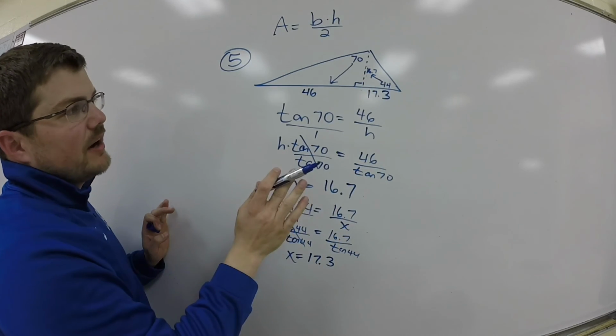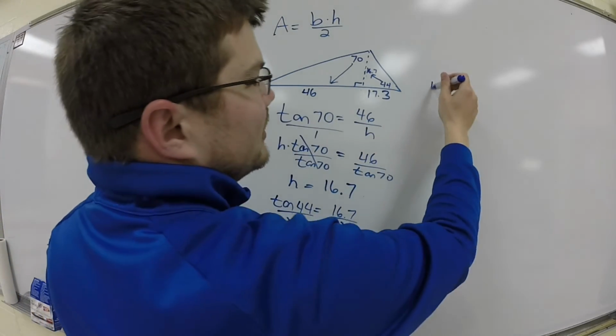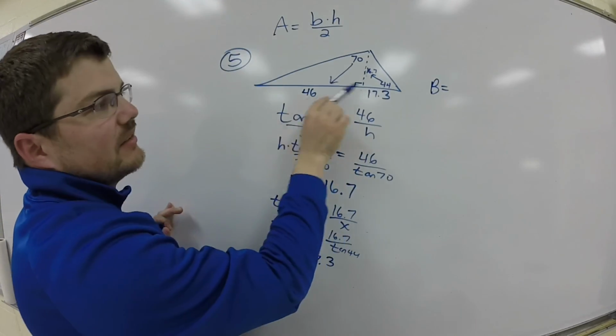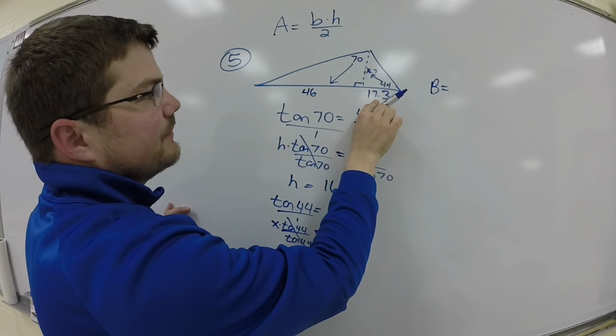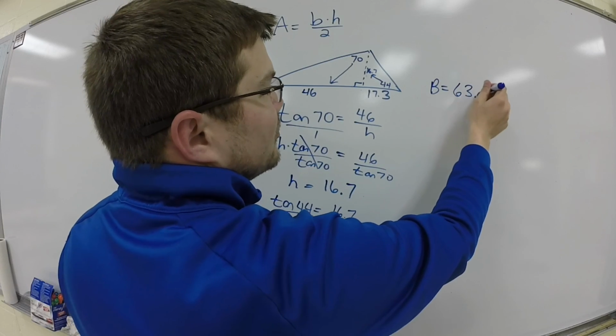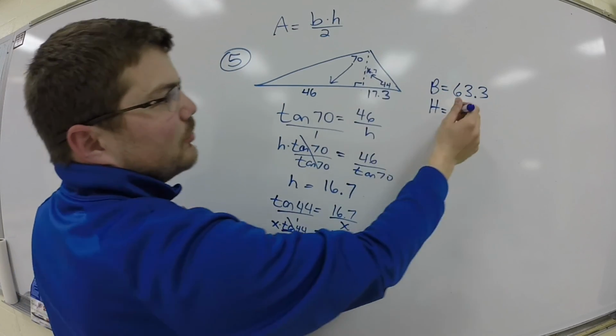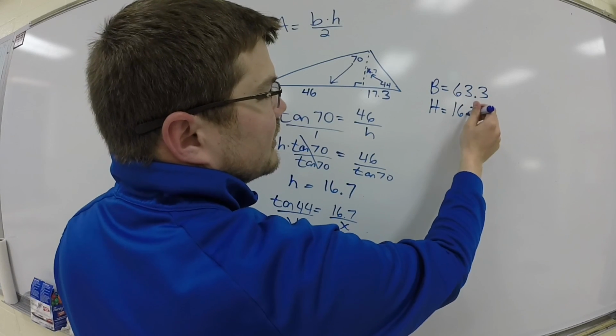All right, so now I have everything I need. I have my height. My base is going to be 46 plus 17.3. That's going to give me 63.3. My height is 16.7. All right.